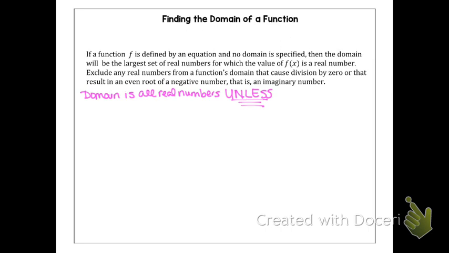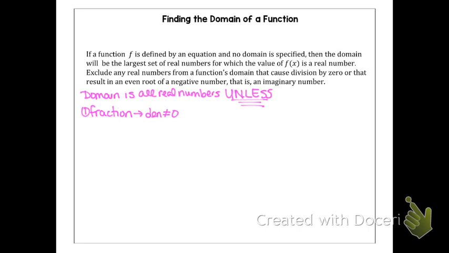One of the things that will keep it from being all real numbers is a fraction with x in the denominator. If it's just a number on the bottom, then you don't have to worry about it. But if x is in the denominator, then you have to make sure that denominator cannot equal 0, because we don't divide by 0.